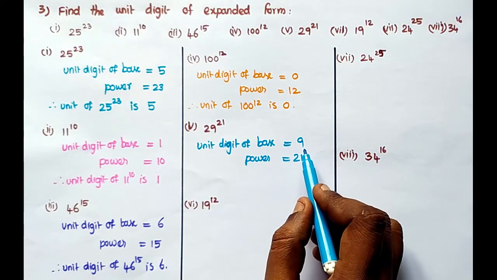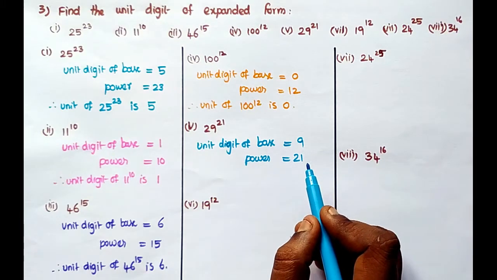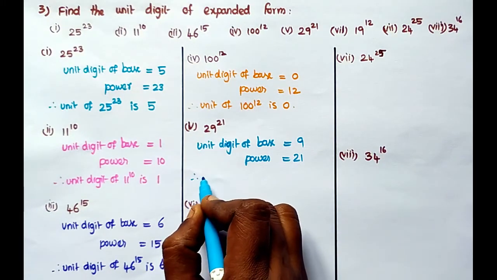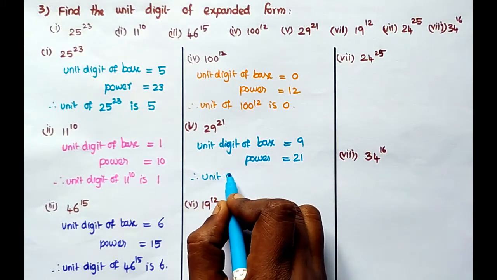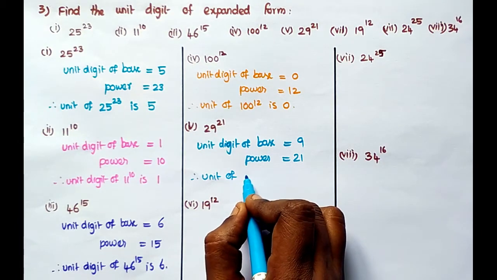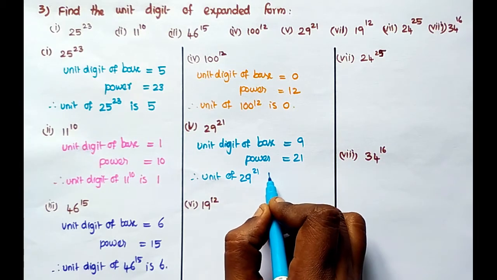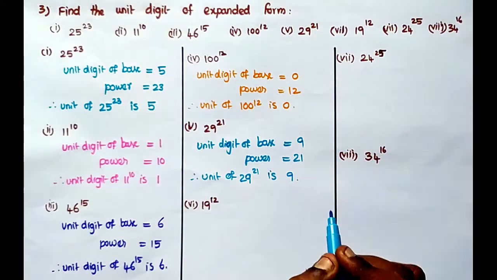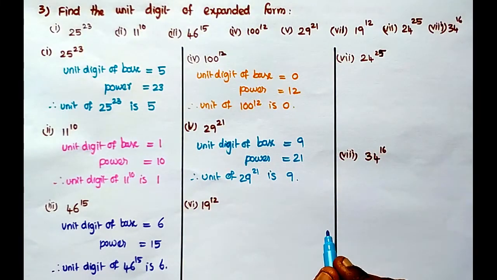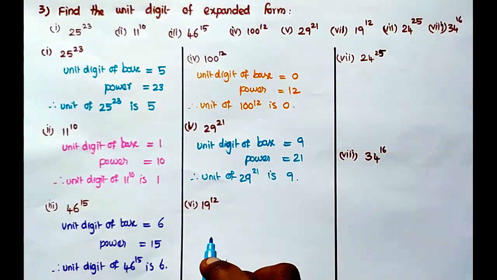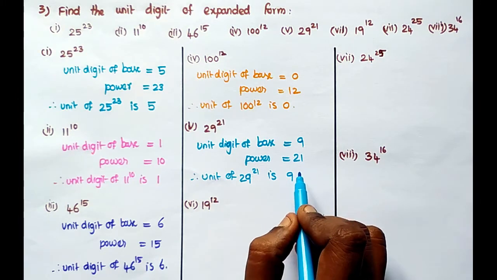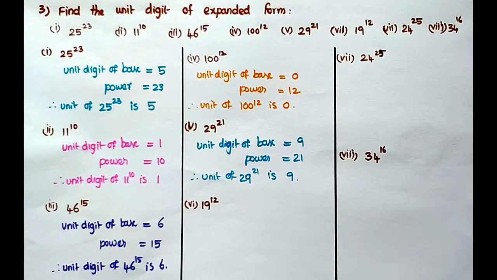So 9 power odd number, what do we have to get? Its result ends with 9 only. Even number means we get the result ending with 1. Here odd number, so 9 only.